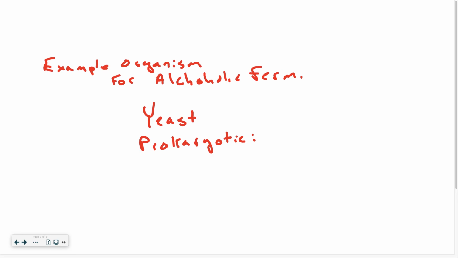One example of a prokaryotic organism, or one class of prokaryotic organisms.